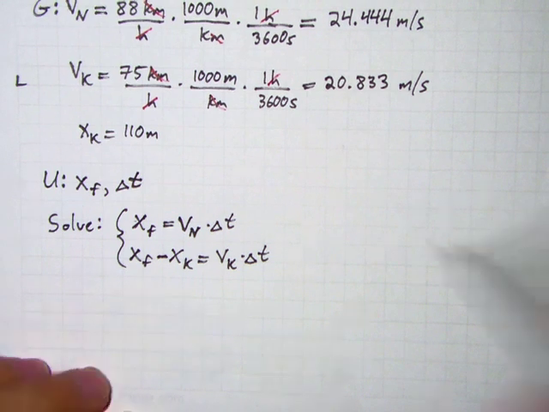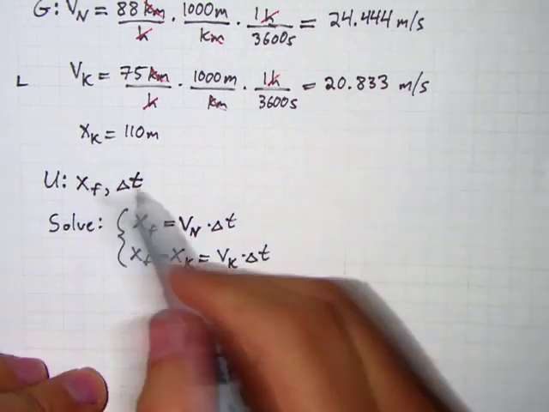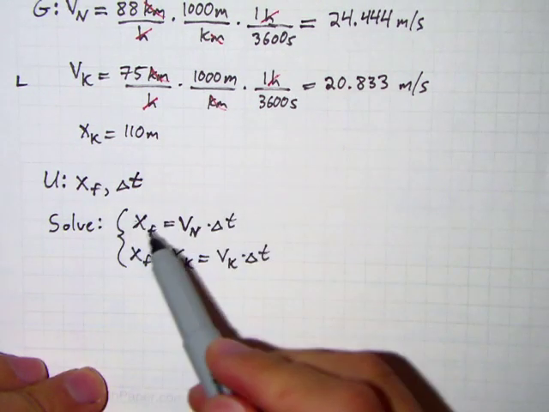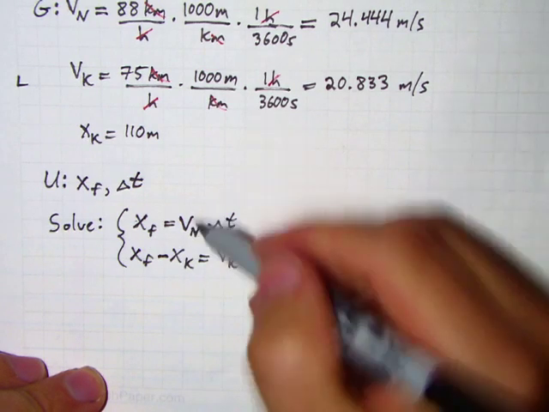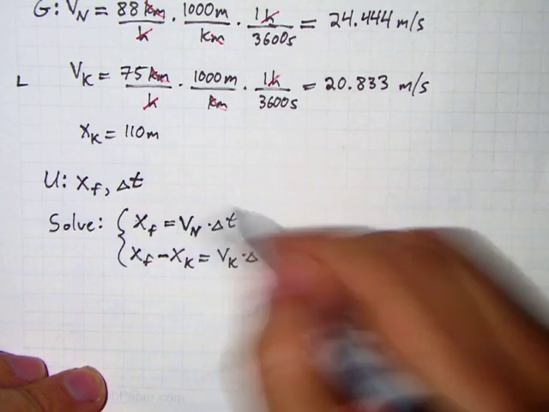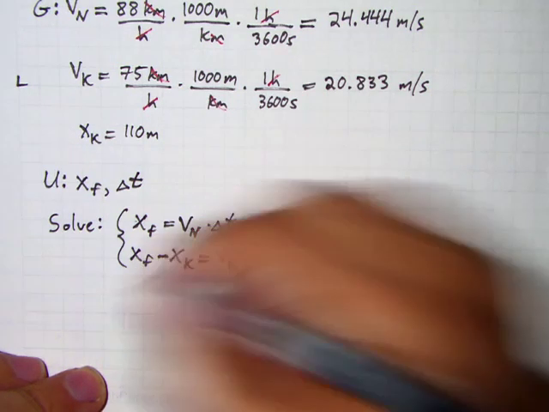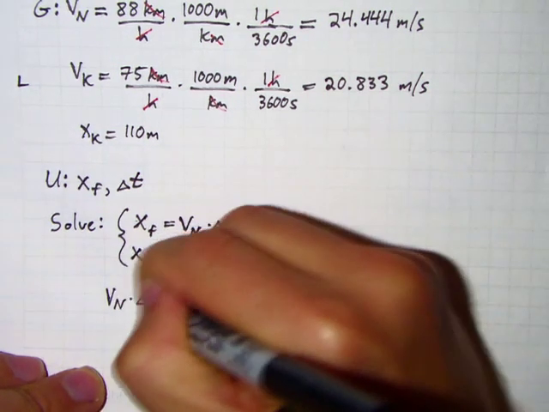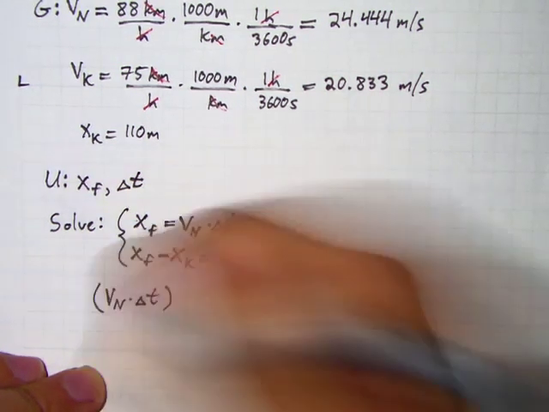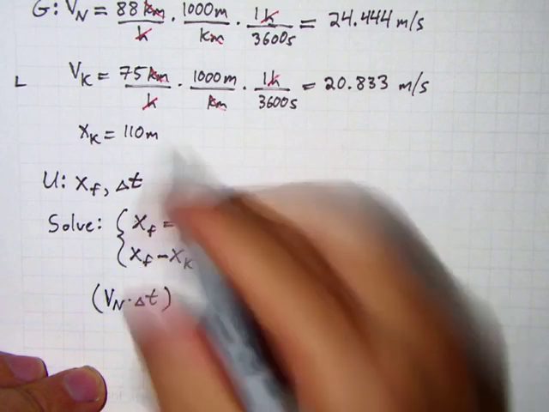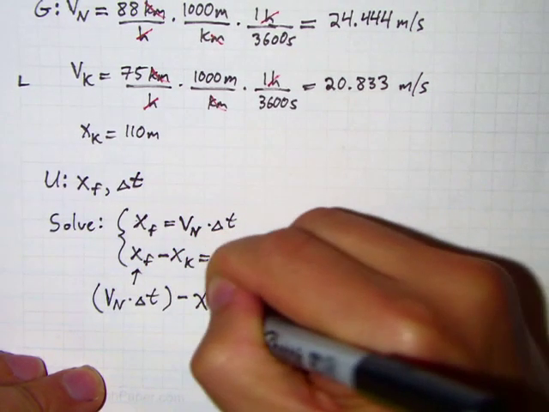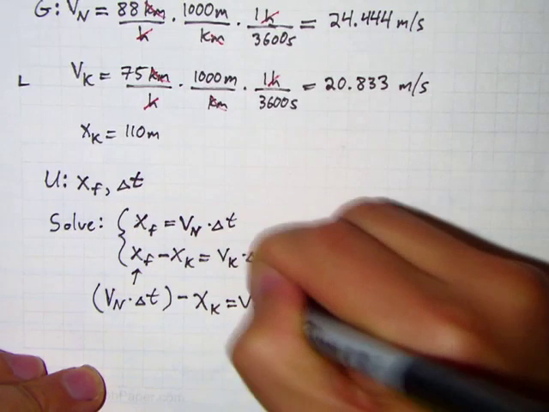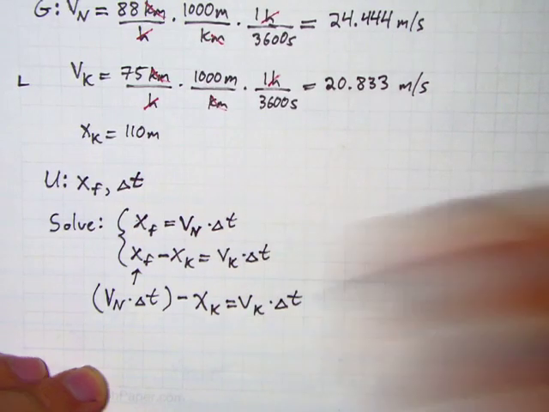All right, well, let's see. I want to get rid of one of these 2 unknowns. Looks like it's easy to get rid of x final because I already know that x final equals this. So I can substitute Vn times delta t in for x final right there. I substituted this in for x final, and now that second equation becomes Vn times delta t minus xk equals Vk times delta t.